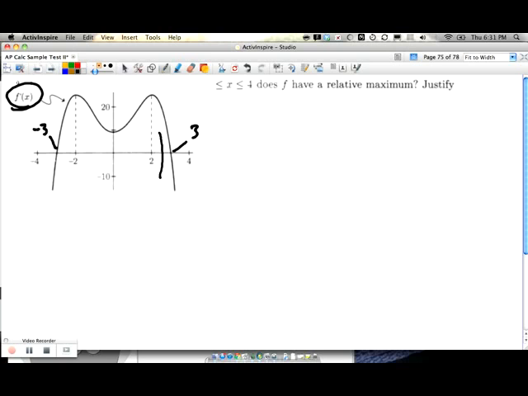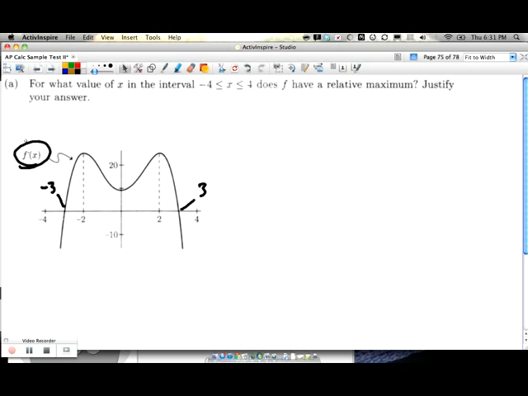What we're looking at right here is actually the derivative. To find a relative max, we know that we have a max when before we were increasing and afterwards we are decreasing, meaning that f prime is greater than 0 before and f prime is less than 0 after. So f prime is going to change sign from positive to negative.